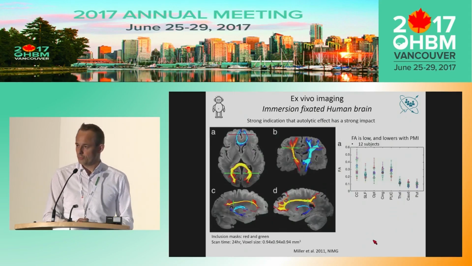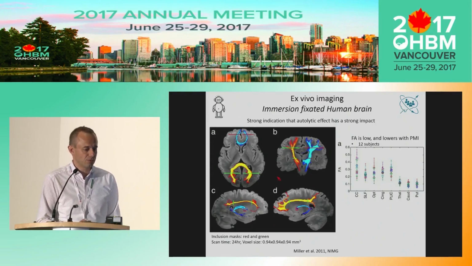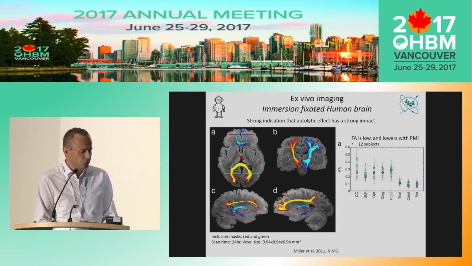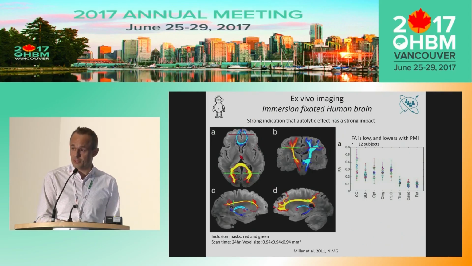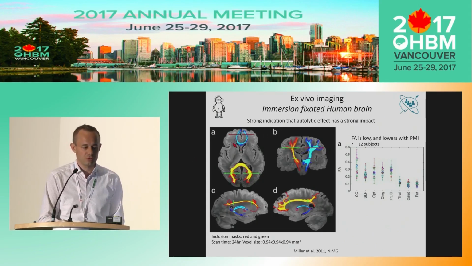You can, of course, also do diffusion MRI on human postmortem tissue that has been immersion fixated. And therefore, it's also a strong indication that there are autolytic effects introduced in these human data sets, in the tissue. You can see here that it looks like you have nice structures, but still, don't be cheated.